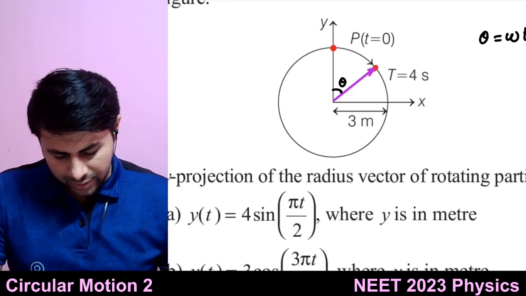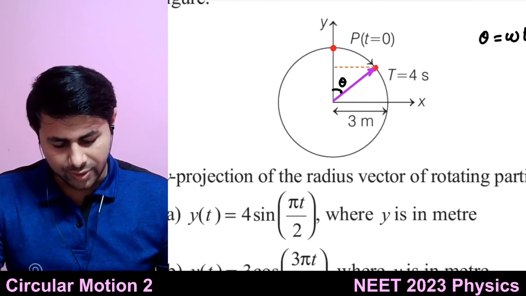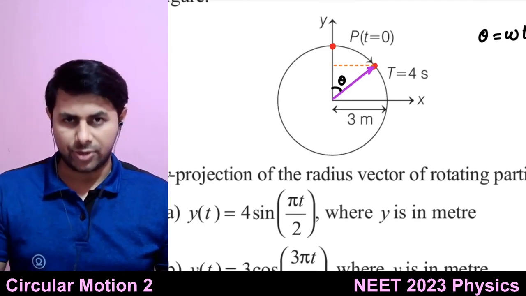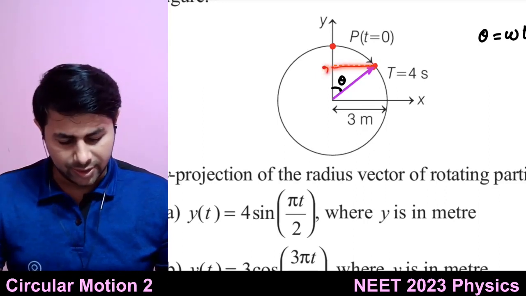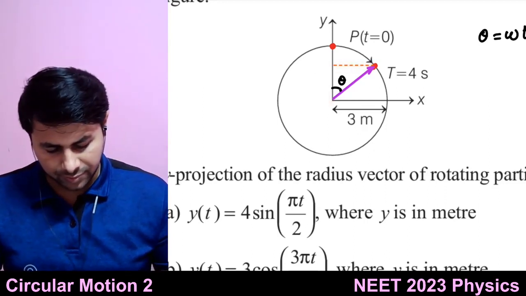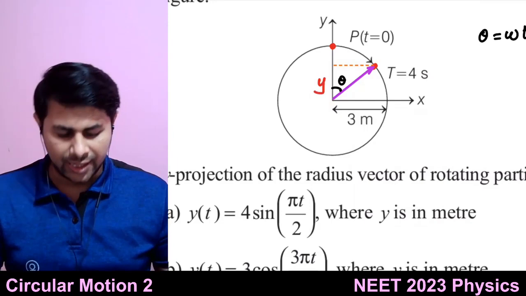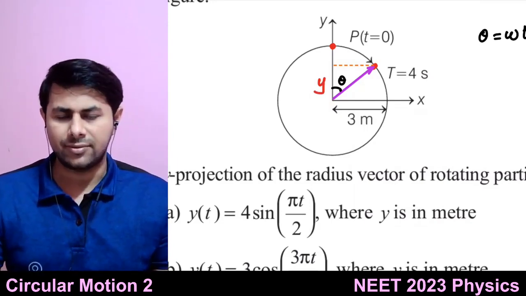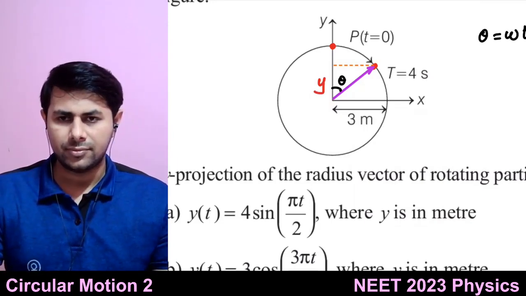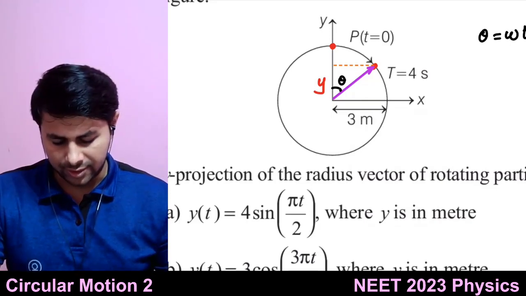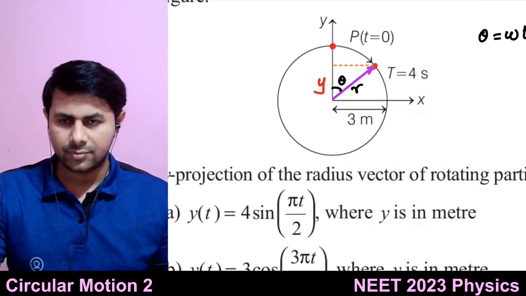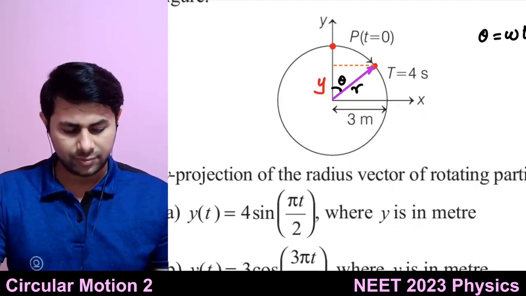And now I draw a perpendicular from here on y-axis. I want y projection. So what will be this y projection? This y, it will be r cos theta or r sin theta? This is your r. Tell me.